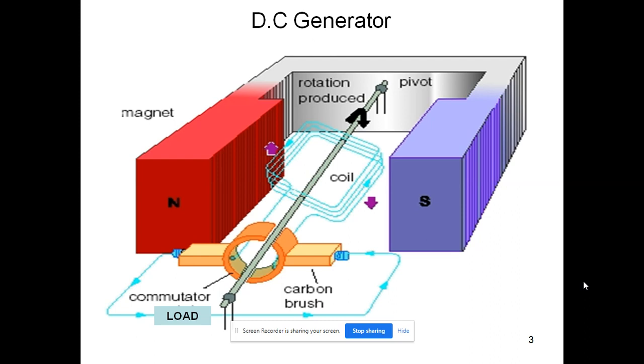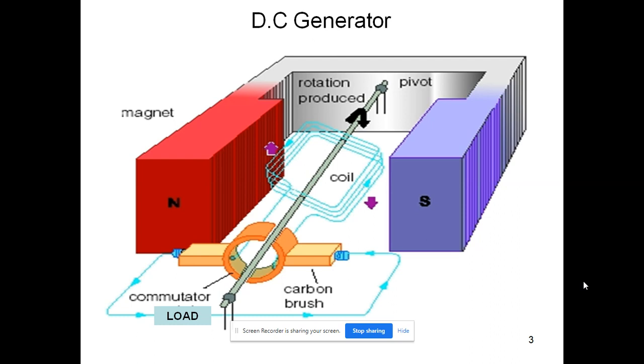Here in this diagram, we can clearly see two magnets, that is a horseshoe magnet with two poles. One is the north pole and the other is the south pole. The field lines start from the North Pole and end at the South Pole.